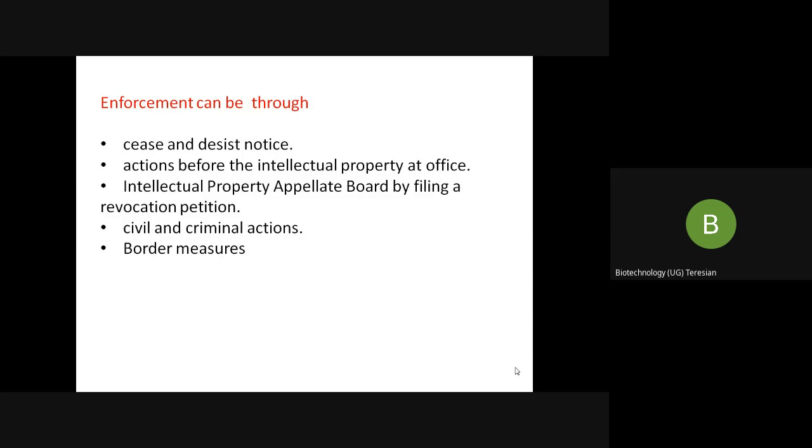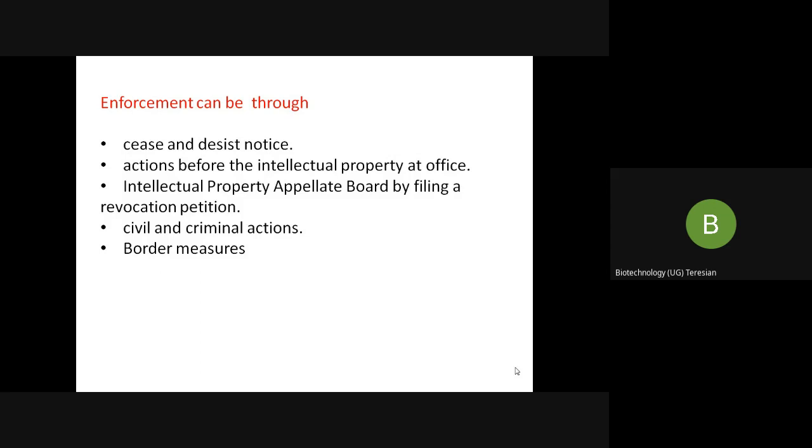So you have a patent that has been granted to you, and your competitor also files a patent making small modifications around your invention, and the application is still pending before the patent office.